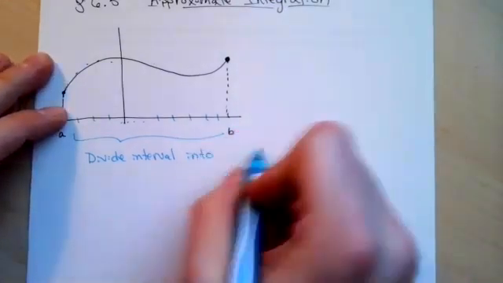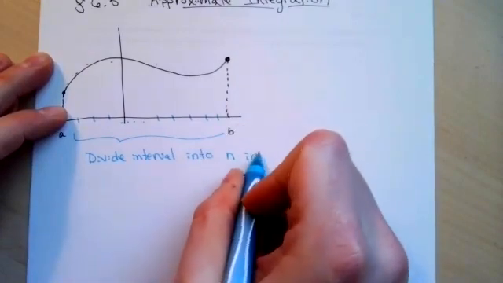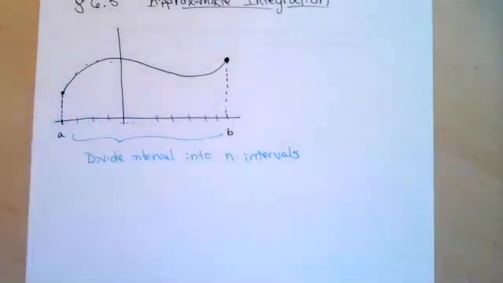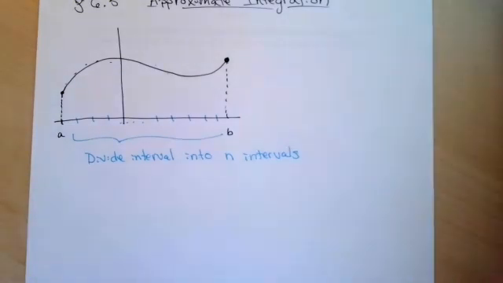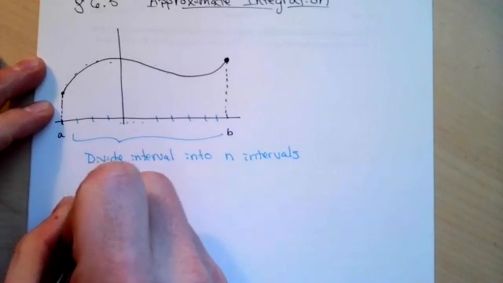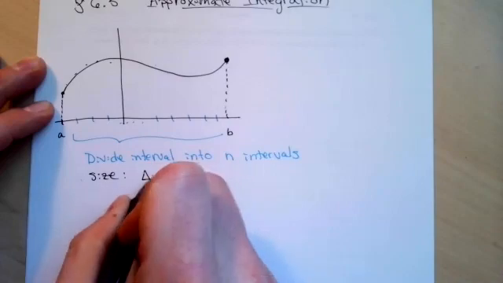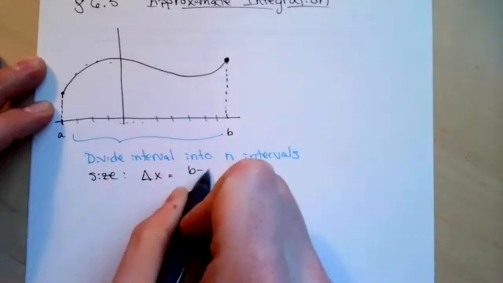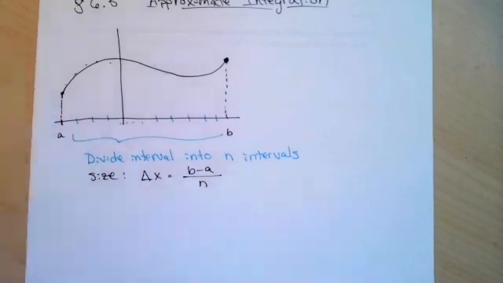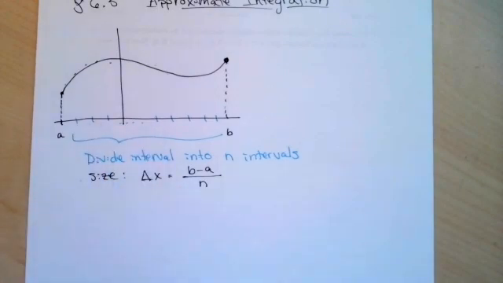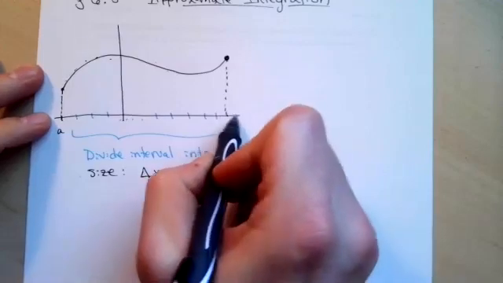So we divide into n intervals, dividing our one interval into smaller intervals. Of course, the size of the interval is going to be the length of the interval divided by the number of partitions that we take. It's another word we use, these divisions, we call these partitions. And we call this our delta x.